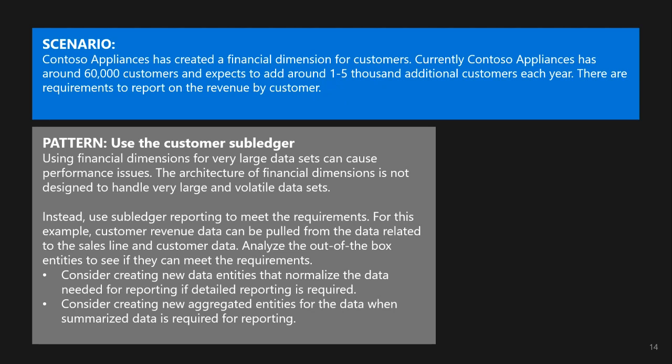Since it's the customer account number, that you need to use a customer subledger and implement accounts receivable, basically, because using financial dimensions for that many values, some of those customers, depending on the sales and what kind of products they sell, some of those dimensions for each customer may not get used that often. And we really want to think about having financial dimensions where the values get reused, right?